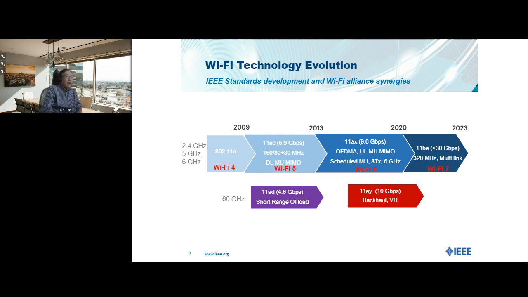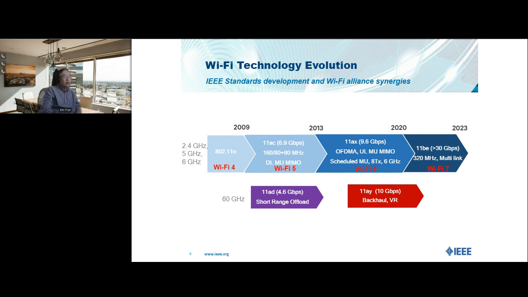And in the 2020 timeframe, 11ax, which is the subject of this training, showed up, with the standard completed and products starting to ship. 11ax is one of the big changes from the previous generation. 11ax is named High Efficiency.